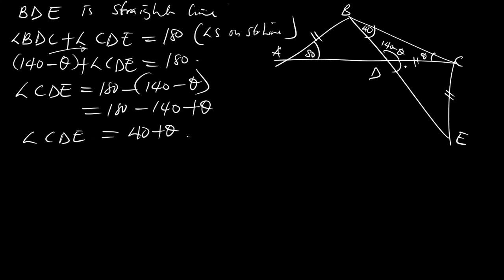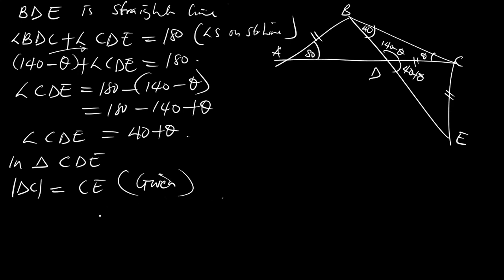Since here is equal to 40 plus theta, in triangle CDE, side CD is equal to side CE, it's given. So it means triangle CDE is an isosceles triangle. In an isosceles triangle in which you have two sides equal, the base angles are equal.